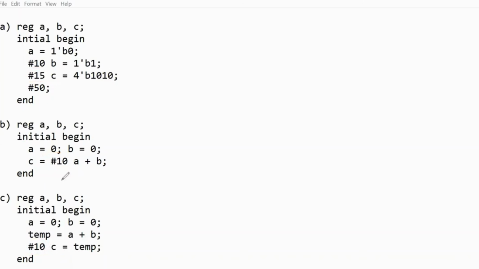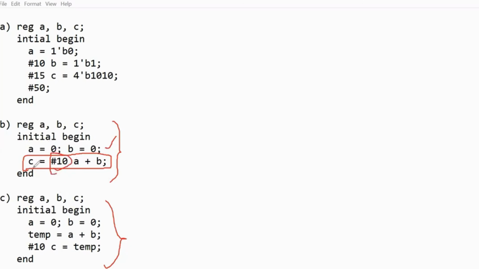Okay. Now, can you tell me what is the value of C here? At what time will the C statement be executed? Can you tell me the execution process here? So A equal to 0, B equal to 0, 0 plus 0 is 0. So the values of A and B at time 0 will be evaluated, but it will wait for 10 time units.